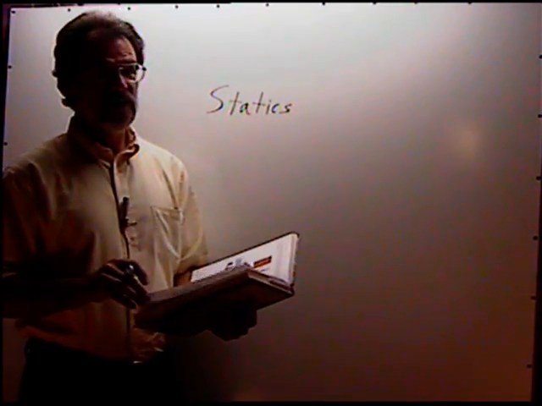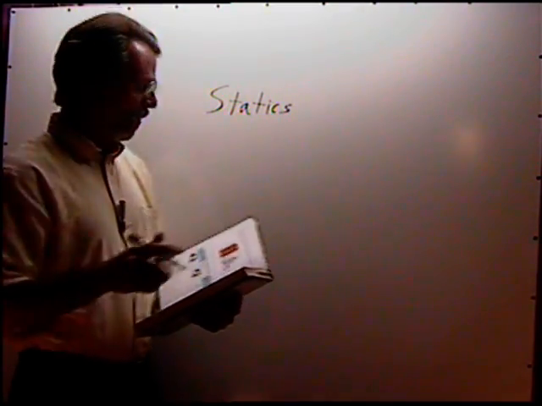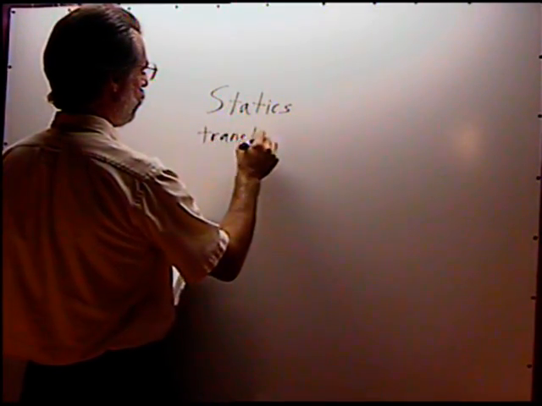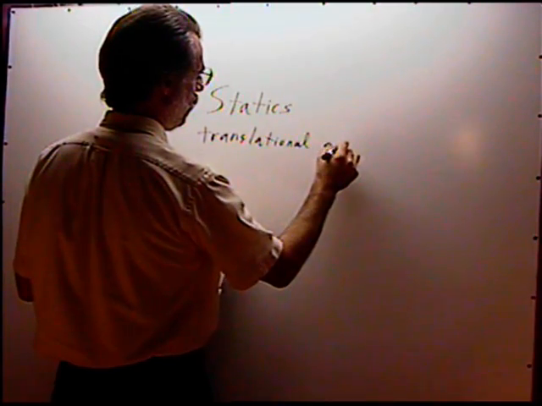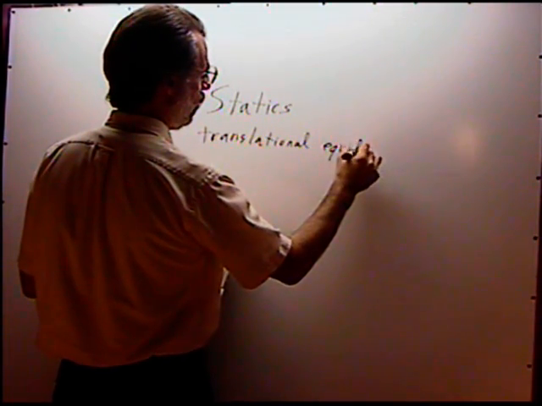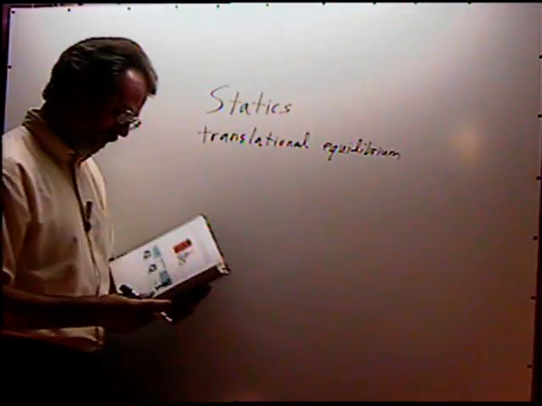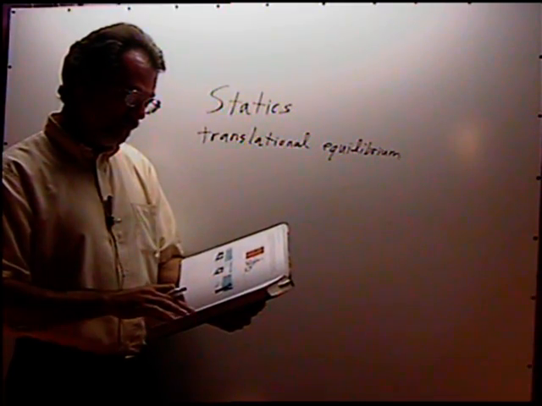And that's the first half of this chapter, what we call translational equilibrium. This is talked about on page 177.